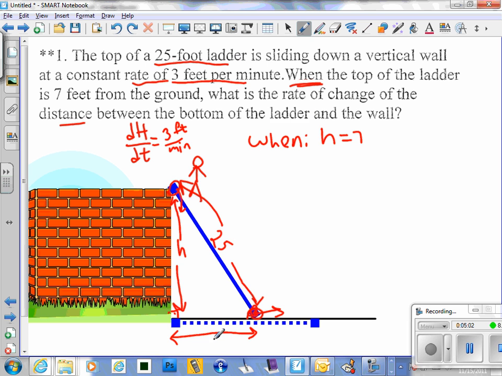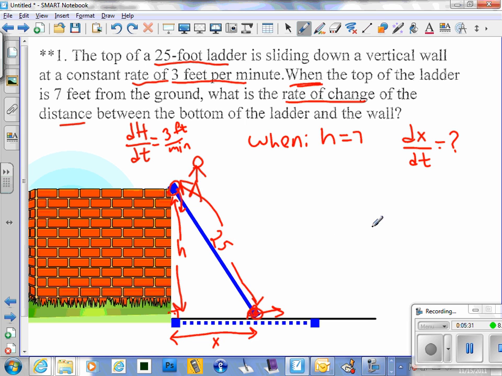Oh, it is asking this, x. What's the rate of change? This is about the derivative. Rate of change of x, which is dx per what? Rate of change of the distance, of course, is going to be per time. dx over dt is asked.